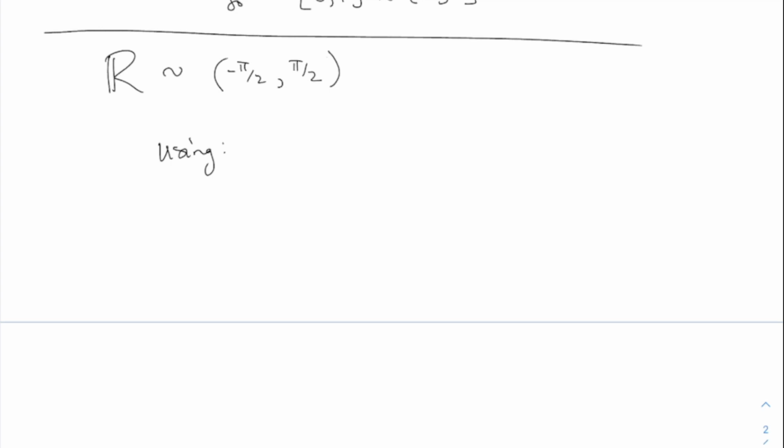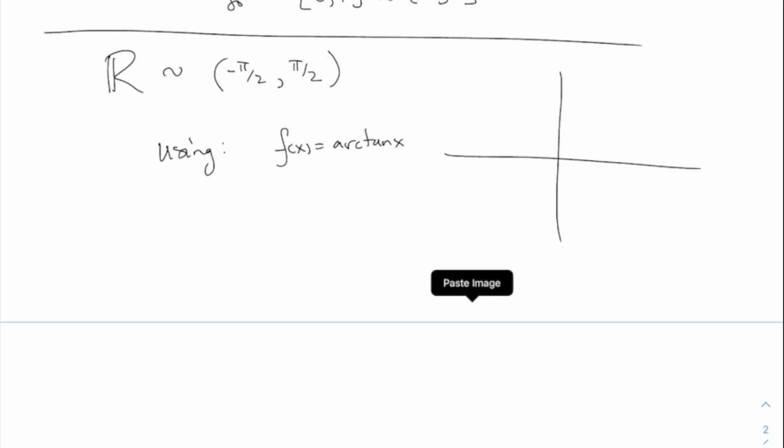There is a function, a bijection, which takes any real number and turns it into a number in the range minus pi over 2 to pi over 2. And it is f of x equals arctan of x. Remember the arctan? This is the inverse tangent. It looks like this.